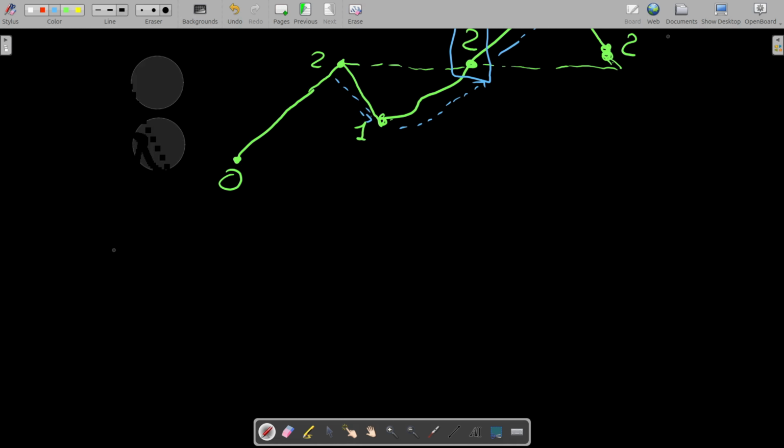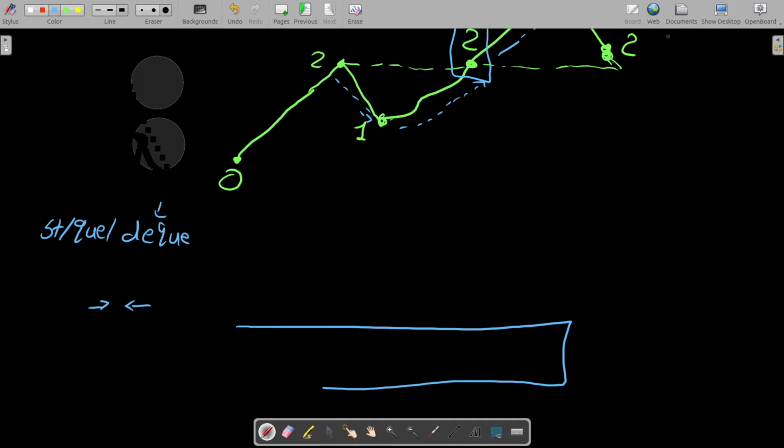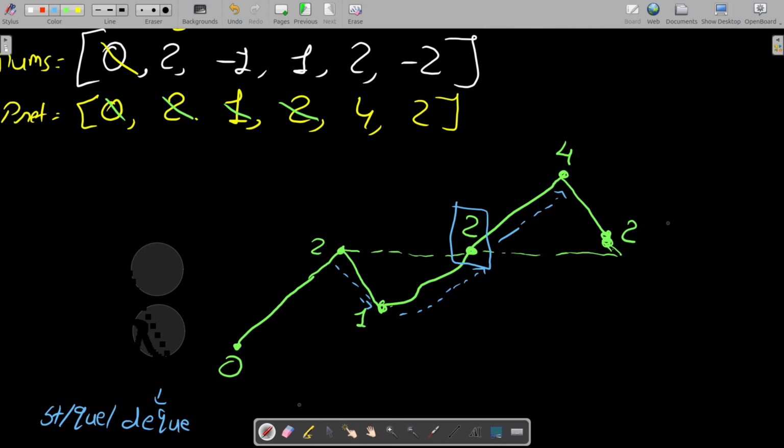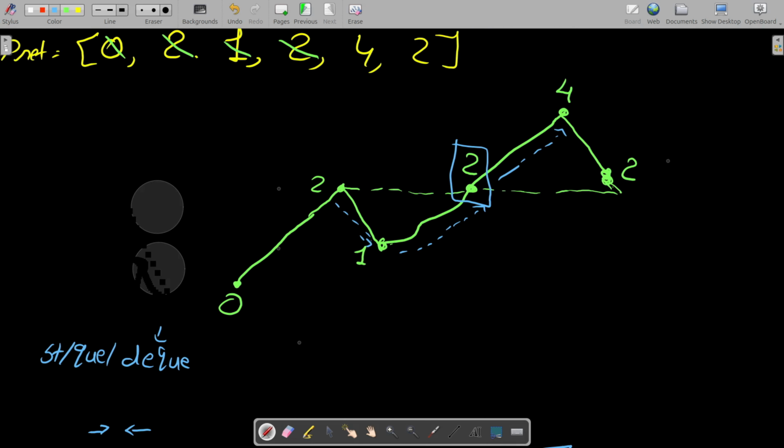So can we think of taking something like a stack, queue or dq? In these types of questions we would mostly take a dq, because we can do operations from the front side as well as the back side. So let's suppose we are taking one dq, and this graph is very important.